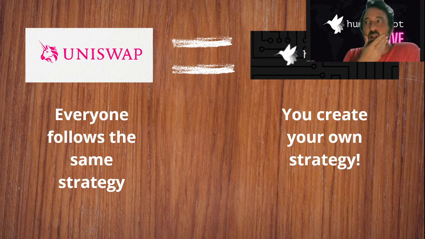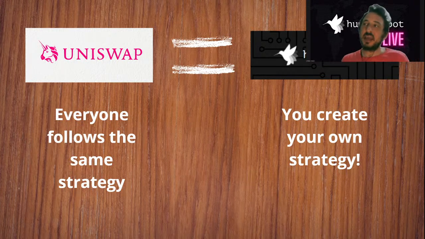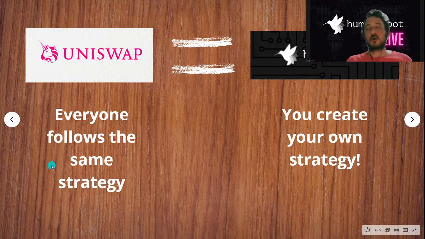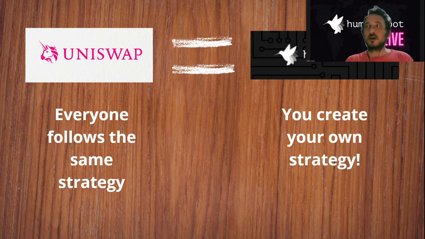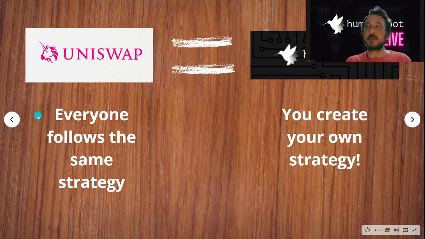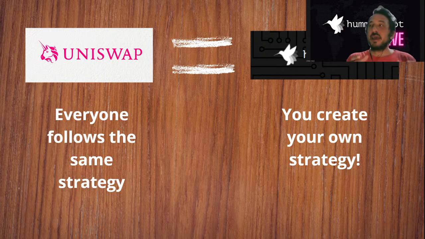So let's get back to the profitability and the difference. When you look at Uniswap, Balancer, Pure Finance or SushiSwap, everyone that provides liquidity on that market is obligated to follow the exact same strategy as everyone else.